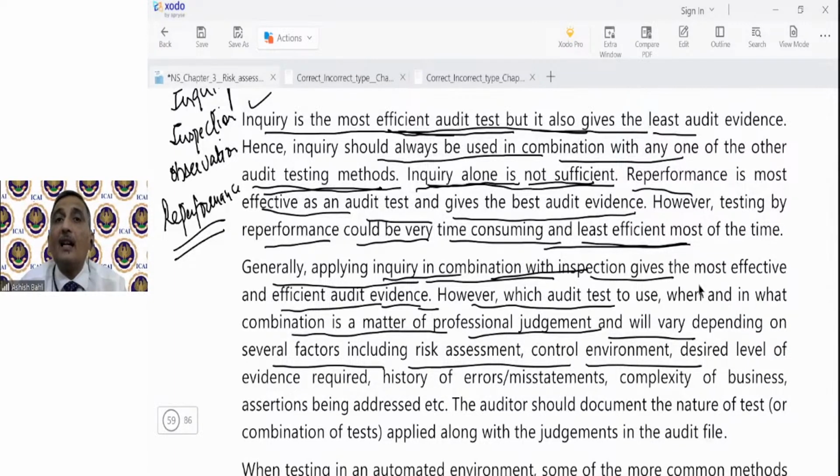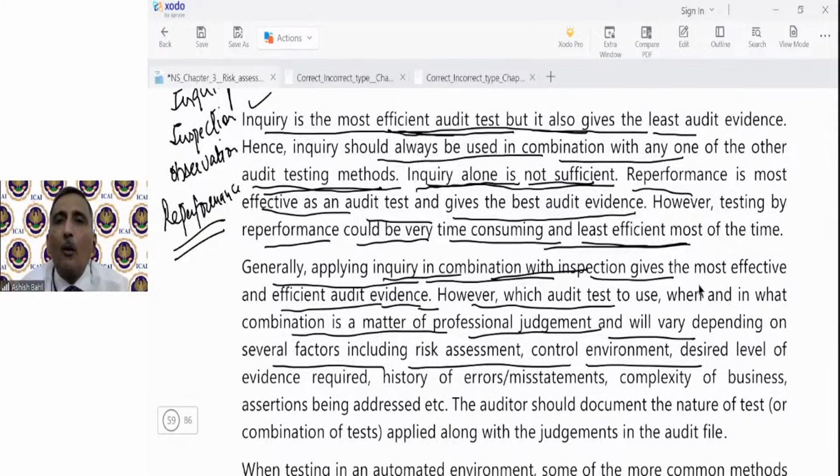These 4 ways are inquiry, inspection, observation, and reperformance. Okay, and inquiry is the most efficient way, but provides the least audit evidence. You have to remember, inquiry is not alone sufficient for testing the controls. It has to be combined with other things, either inspection, observation, or reperformance.